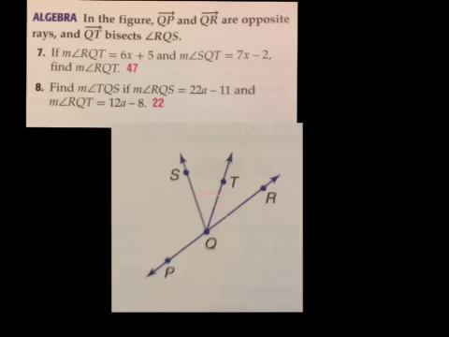Let's take a look at number 7. If the measurement of angle RQT equals 6x plus 5, I'm going to label now. Whenever you have a picture, it's always going to help you to label first.